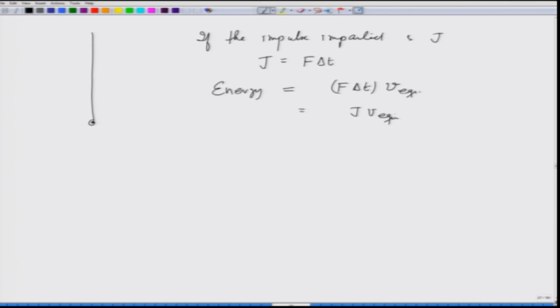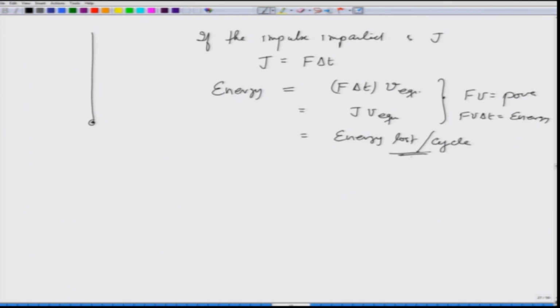This is easy to see because F times V is power. So, F V delta t becomes the energy. So, this much energy he takes in, and this should be equal to the energy lost per cycle.